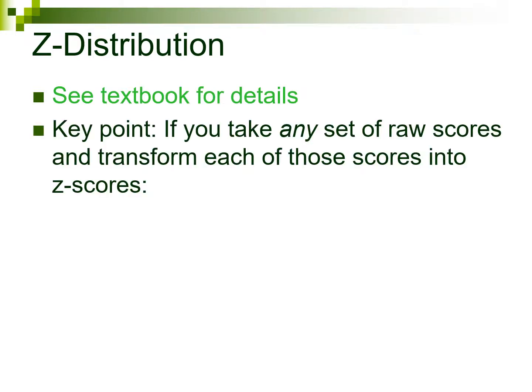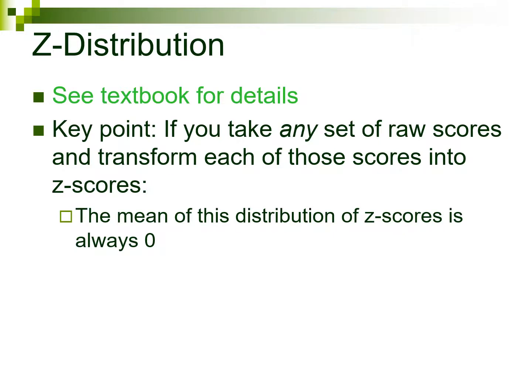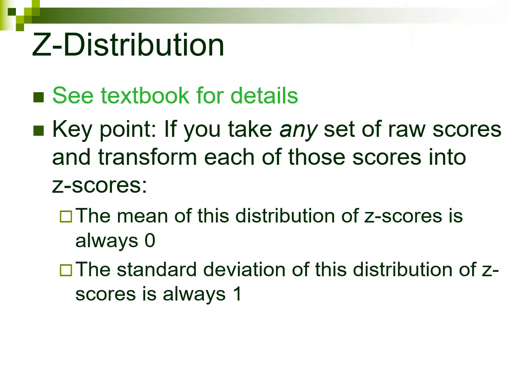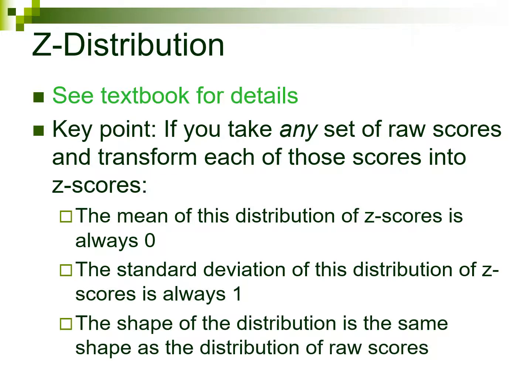The 3 points that you need to know are that if you take any set of raw scores and transform each of those scores into z-scores, 3 things are true. First, the mean of this distribution of z-scores is always 0. The standard deviation of this distribution of z-scores is always 1. And the shape of the distribution is the same shape as the distribution of raw scores.